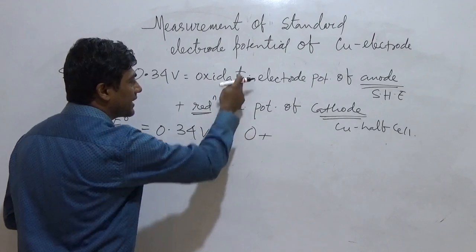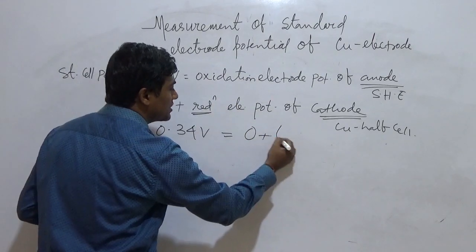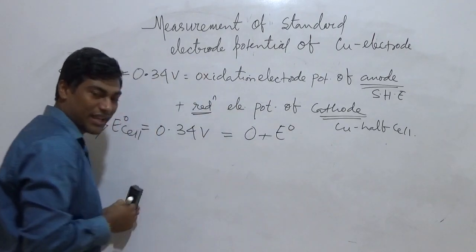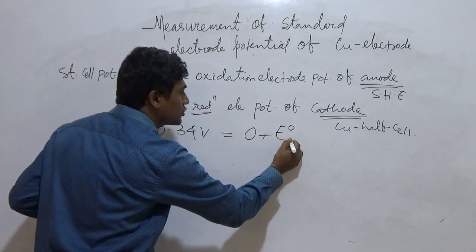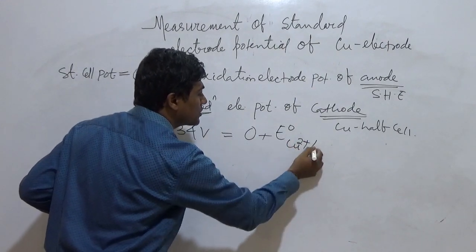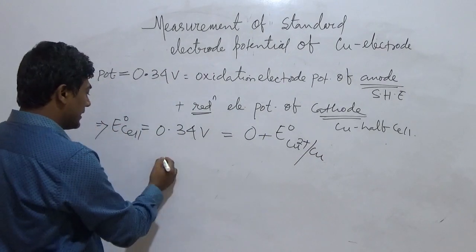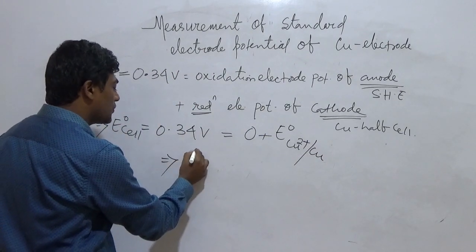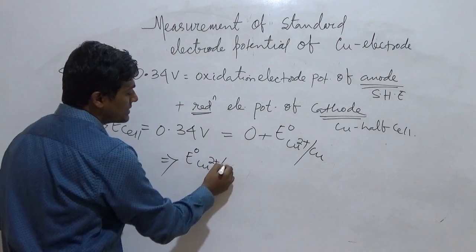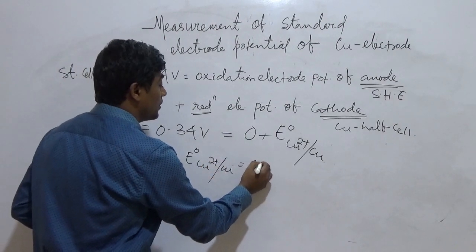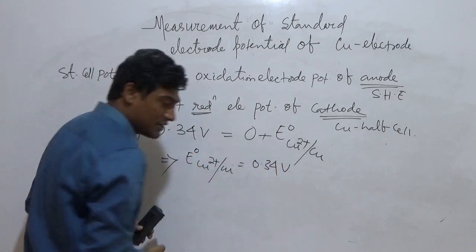Conventionally this value is taken as 0 plus the standard reduction electrode potential of copper. This should be written as Cu2 plus to Cu. So implies E0 Cu2 plus Cu is equal to 0.34 volt.